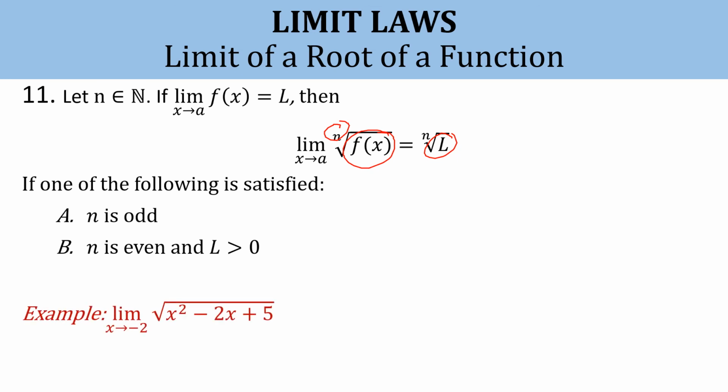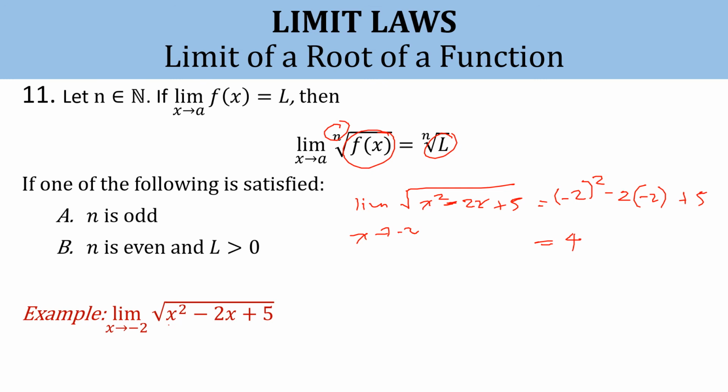The limit of the square root of x squared minus 2x plus 5 as x approaches -2. How do we know this applies? We simply evaluate, because we need to know if this radicand would yield a negative value when we evaluate at -2. So we evaluate: -2 squared minus 2 times -2 plus 5.